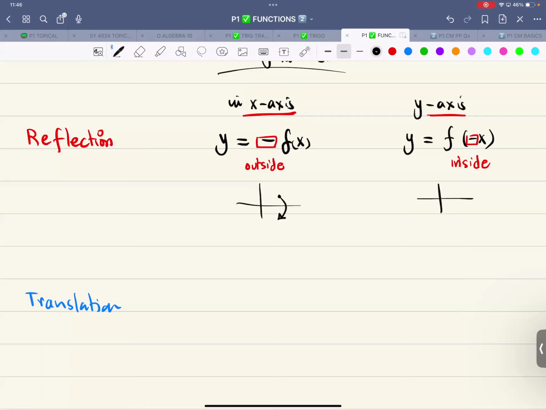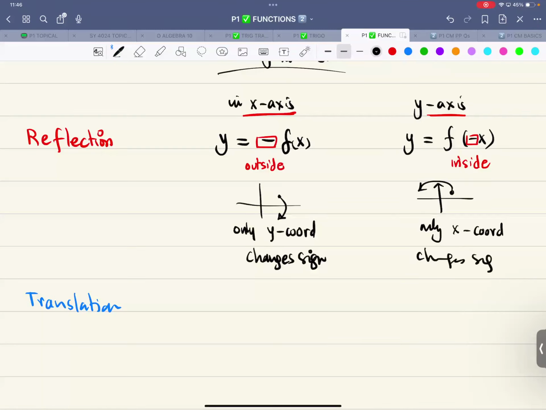And when we reflect in y-axis, something from here goes this way. So when we reflect in x-axis, only the y coordinate changes sign. When we reflect in y-axis, only the x coordinate changes sign.